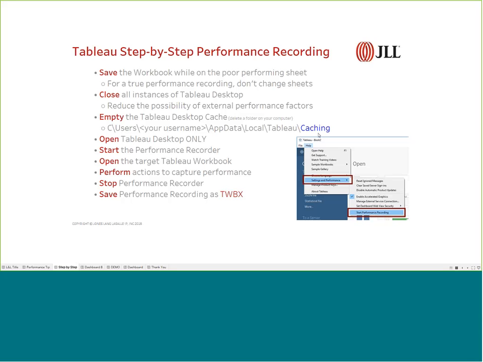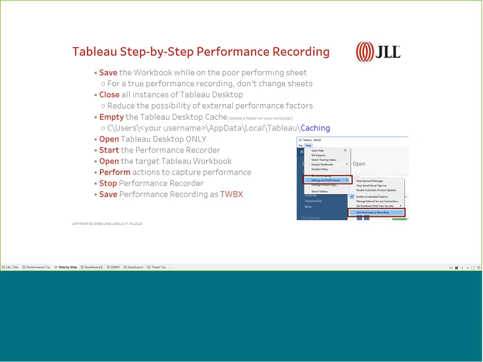If you double-click the workbook, unbeknownst to you, Tableau is going to populate the cache automatically. And since you don't have the performance recorder turned on, by the time you record the performance of anything that you do in the workbook, Tableau is already using a cached version of the data. Okay, so open Tableau Desktop only with no workbooks open.